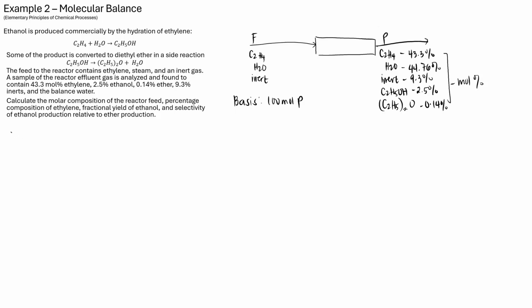So A, calculate the molar composition of the reactor feed. Let's start with the C2H4. Let's see if we can use the balance. Okay. I'll write here the general mole balance. In minus out plus gen minus consumption is equals to 0. So let's do that.